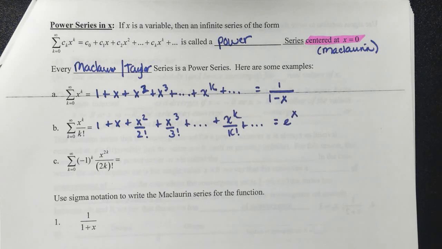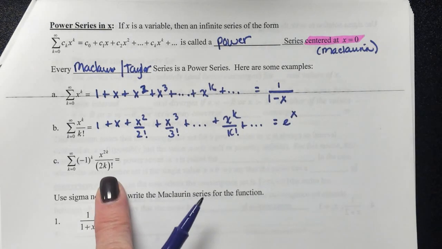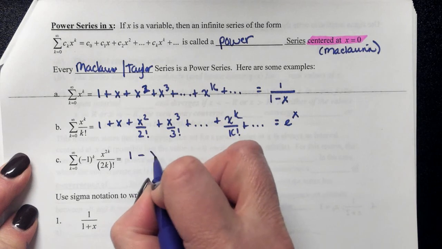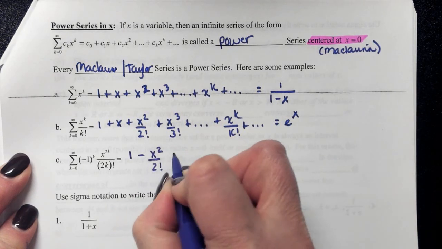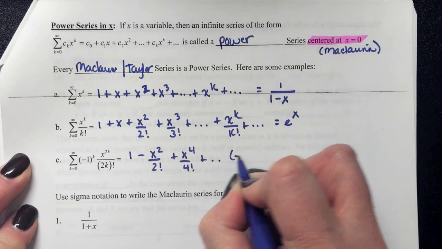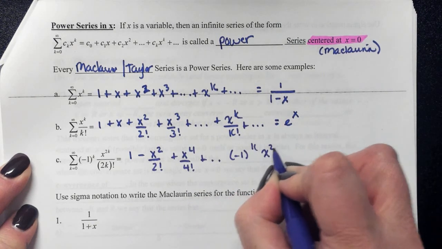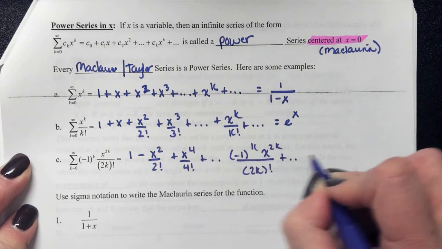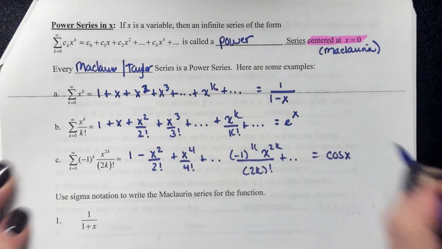Okay? This one, just by looking at it, hopefully you remember which Maclaurin series this one is going to be? Cosine. So it's going to be 1 minus x squared over 2 factorial plus x to the fourth over 4 factorial, and in general your negative 1 to the k, x to the 2k, all over 2k factorial. And again, this is your cosine of x.